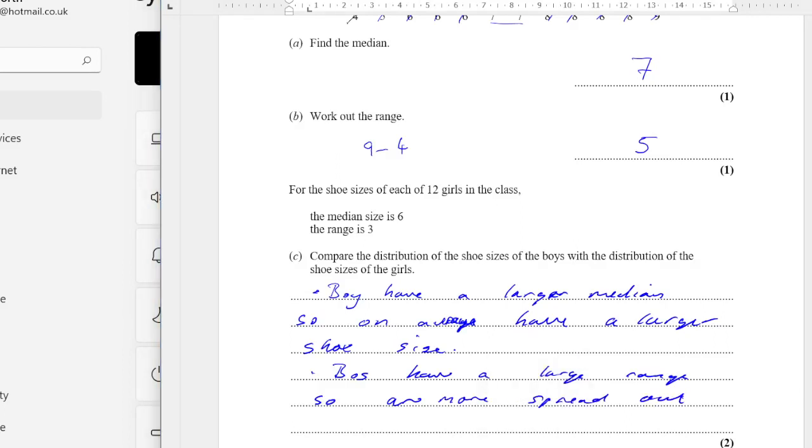So it tends to be on a 2-mark comparison. It tends to be 1 mark for comparing a measure of average, which in this case is the median, and then the second one for a measure of spread, which in this case is the range.